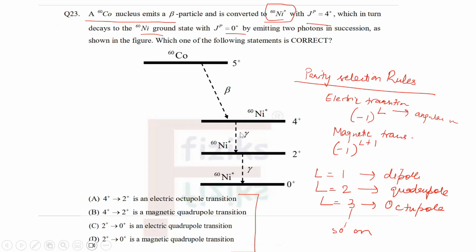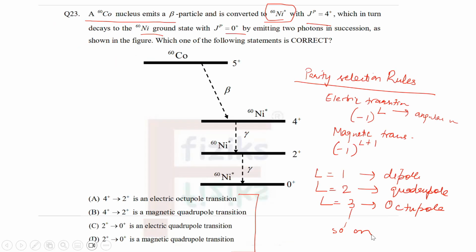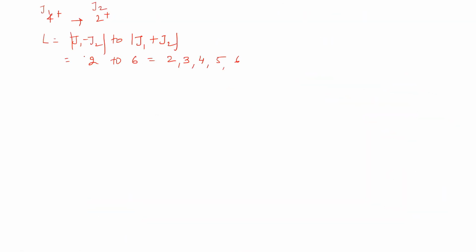Now in the question it is octupole, and octupole is 3, so L equals 3. Now you need to find the parity for it. For electric transition, parity is minus 1 raised to the power L, and L is 3. So parity is changing. But in the question, 4 going to 2 is without any change in parity. That means this is wrong.